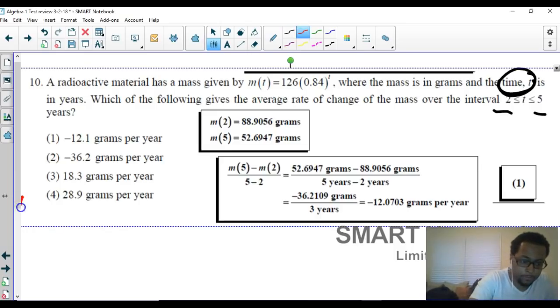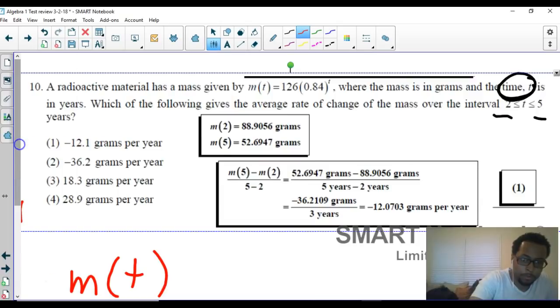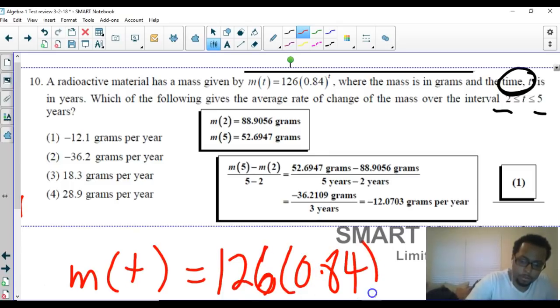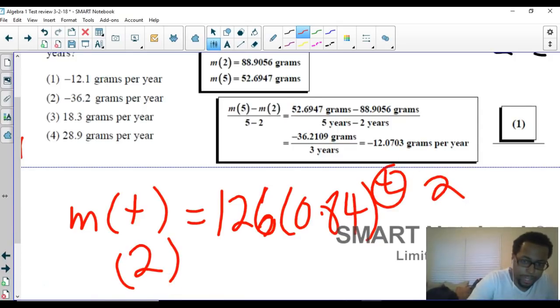We have m of t. Let's scroll back up to the formula. It's 126 times 0.84 to the t. So all we simply do, we replace t with 2 to get our first answer. And then for our second answer, we replace it with 5.